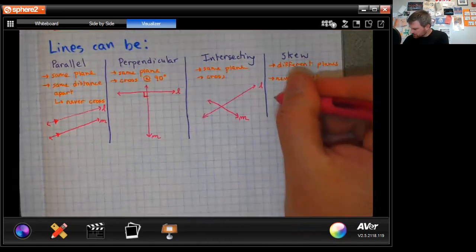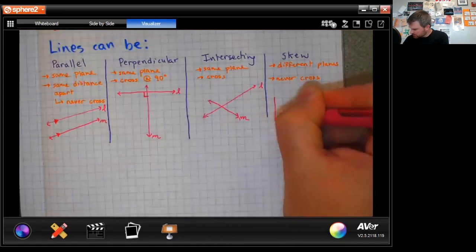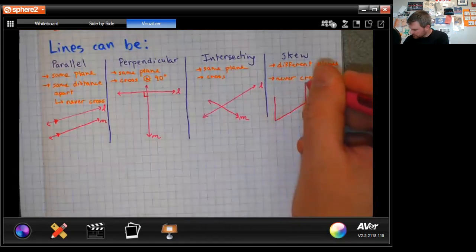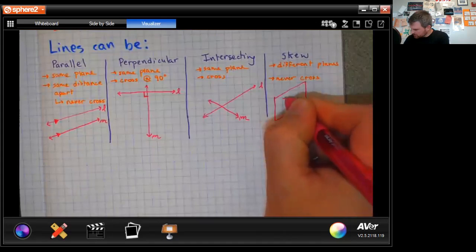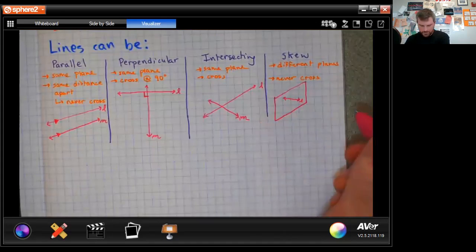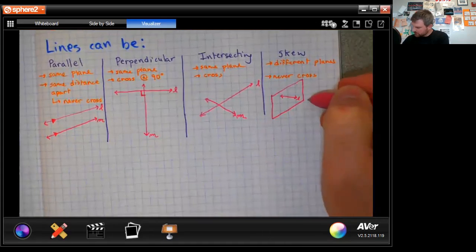Okay, so I'm going to draw a plane here. And on that plane, we're going to put line L. And then I'm going to come over here and draw another plane.